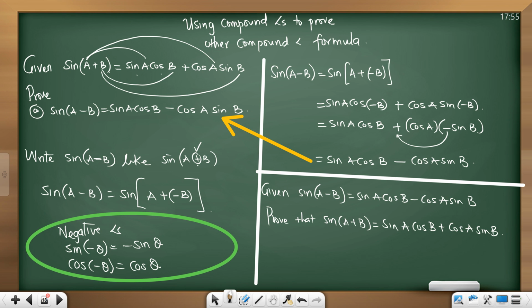Remember, write sine A minus B to look like sine A plus B. Write what you are told to prove to look like what you are given.